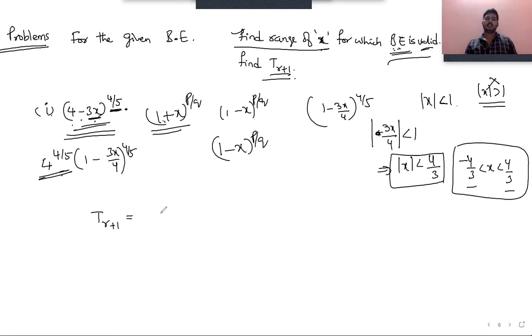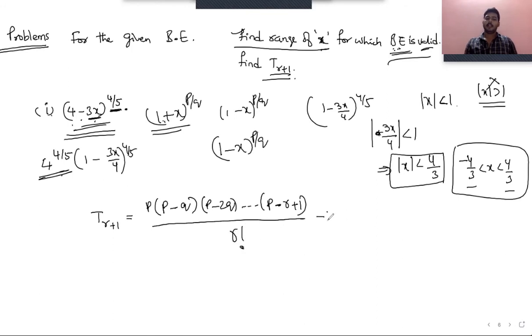In this, if you remember properly, the coefficients will be p into p minus q, p minus 2q and so on, up to p minus (r minus 1)q, divided by r factorial, into (minus 1) whole power r into x power r, because in the place of x it's minus x. So minus 1 whole power r will be there extra. So this is the general term.